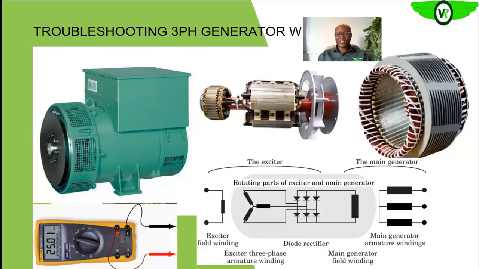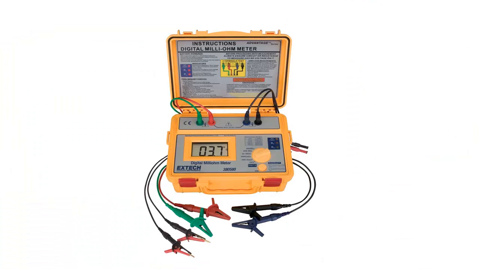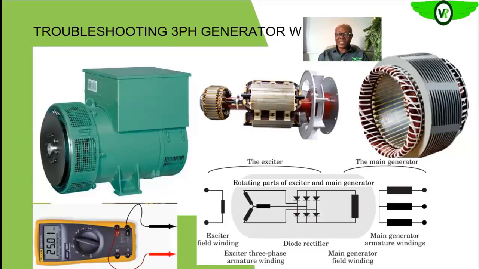In such case, as we explained during our training on electric motors, you will need the milliohm meter, okay? That helps you to read lower resistance, because the resistance of the windings in the armature is very, very low, okay? At times, you may have it less than 1, depends on the size of the generator, okay?